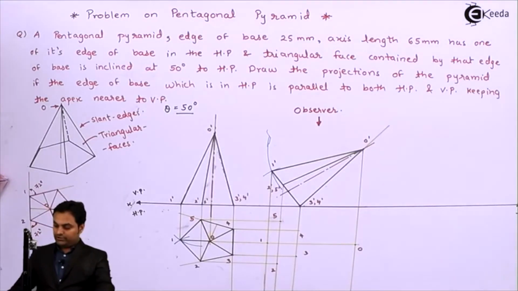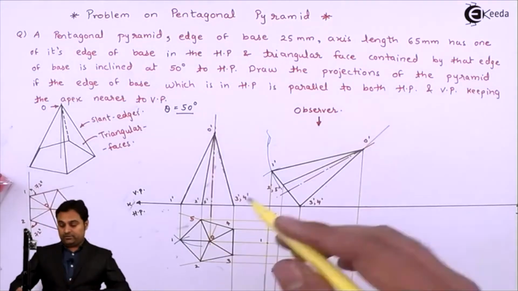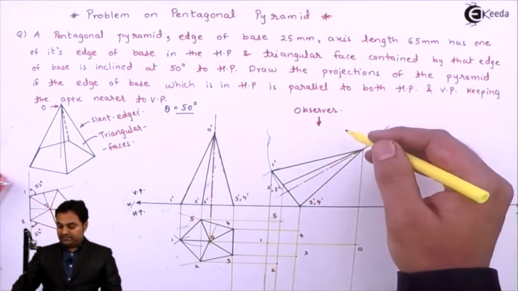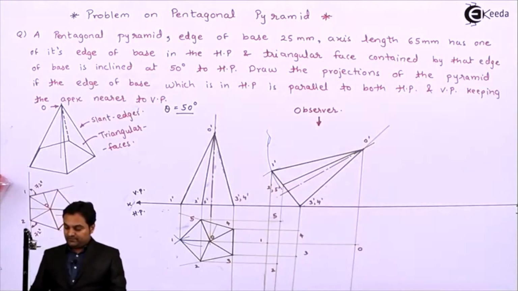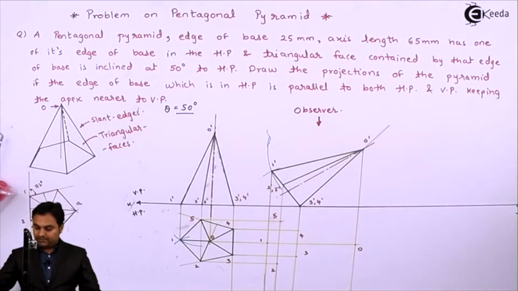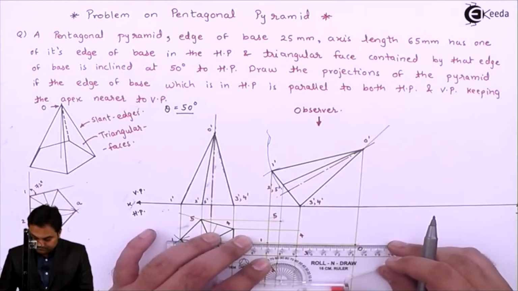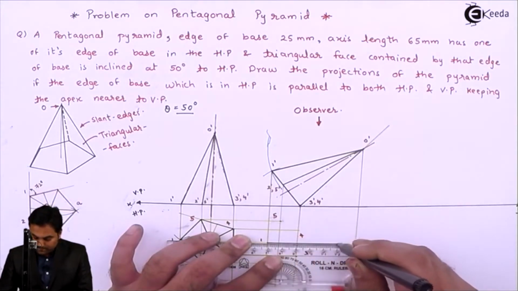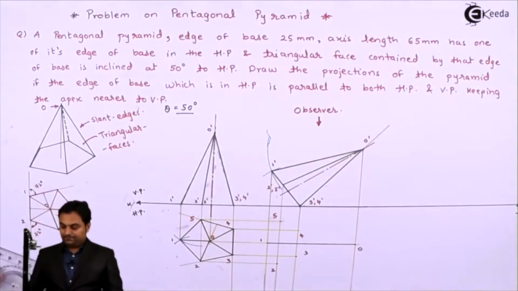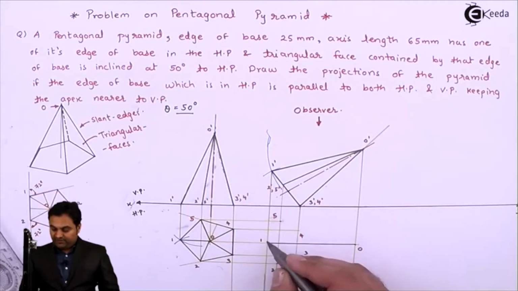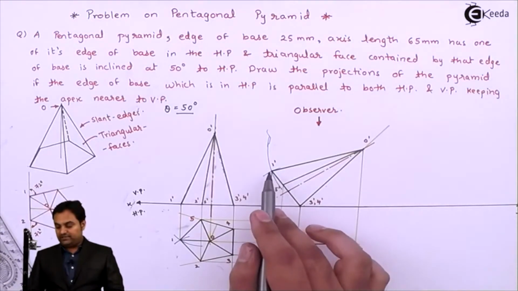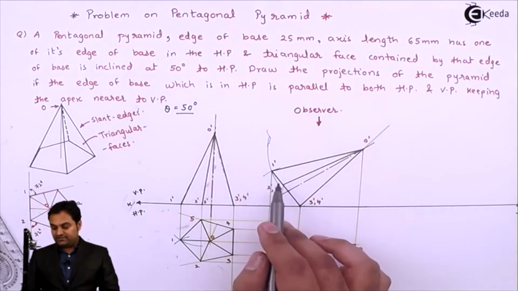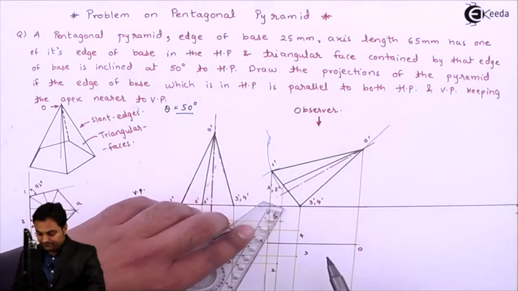Now joining it, taking care of visibility. From the top, if the viewer is looking, O dash to 1 dash will be visible, so it will be made dark. Then 1 to 5, that is also visible because 1 dash, 2 dash and 1 dash, 5 dash are closer to the observer.